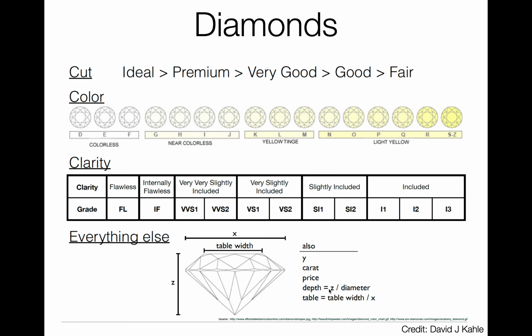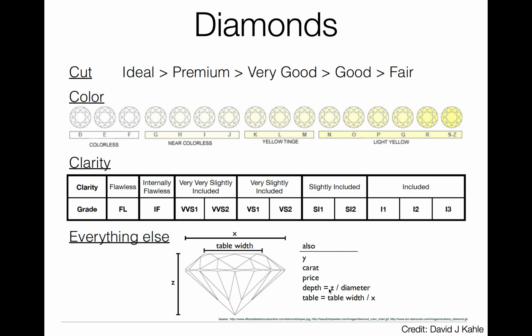The diamonds data set has data on somewhere around 50 to 60,000 diamonds, and for each diamond, there are a number of variables you can talk about. So you can talk about cut, the cut of a diamond. The most ideal cut is the ideal cut diamond, and then it goes ideal, premium, very good, good, and fair.